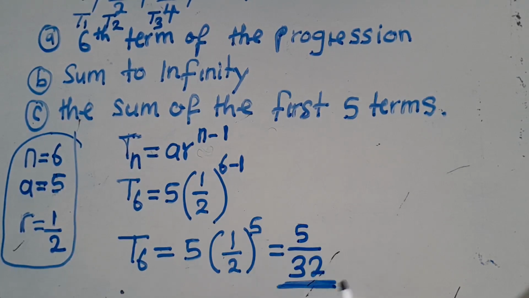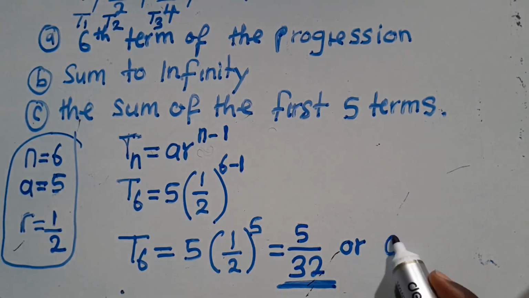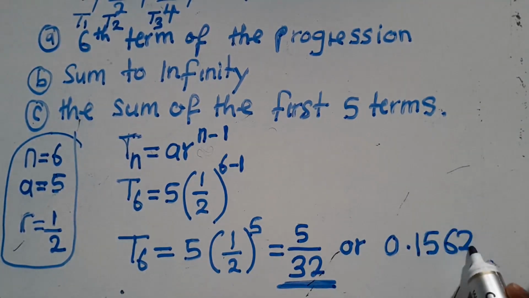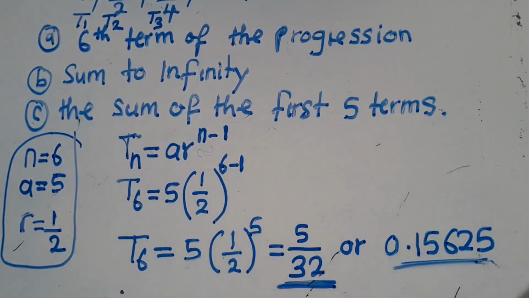You can put this answer, or if you want to write it in decimal form, it is 0.15625. You are not supposed to round it off. You just write it like that. So this is my answer. These are the same procedures that we are supposed to do. We move to the next question.